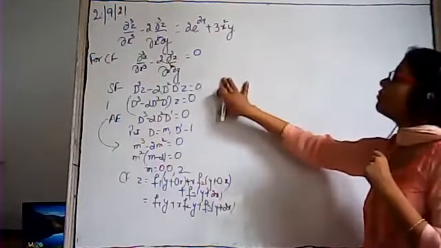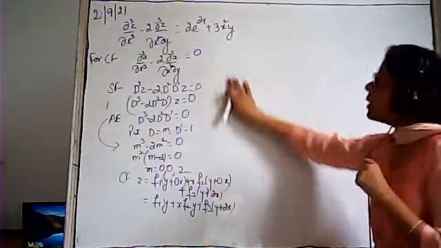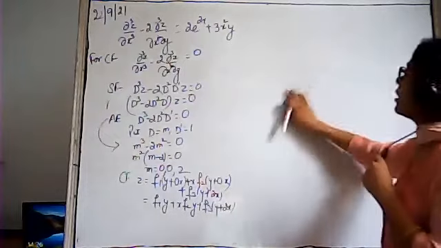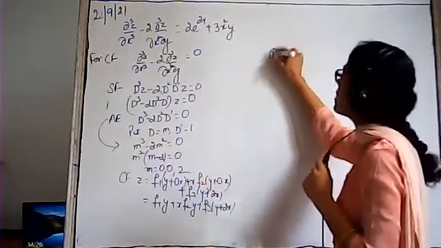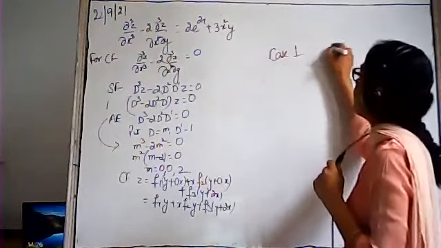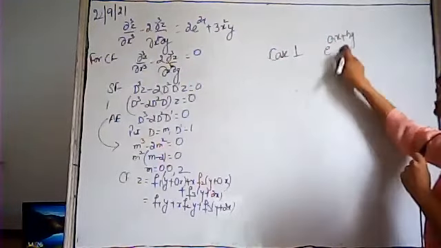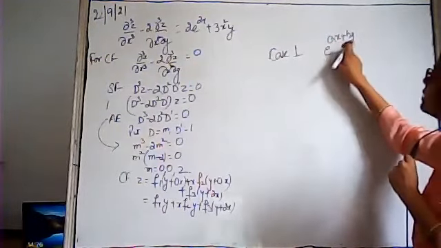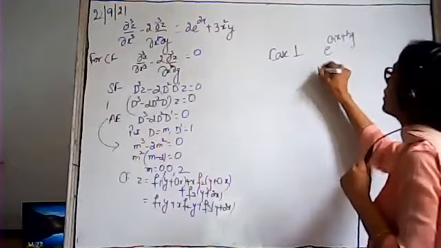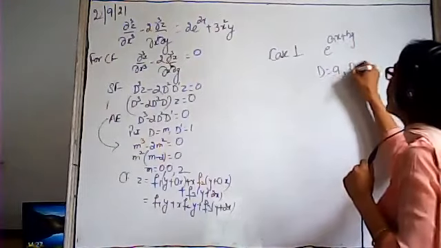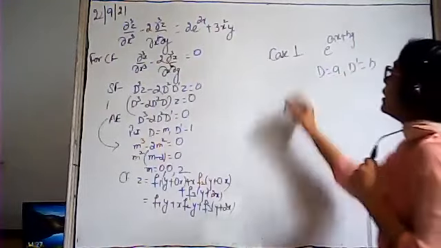After that, we have to find the particular integral. Now see, we have done two cases. In case number 1, we had e^(ax+by) on the right hand side; in that case we are to replace D with a and D' with b.